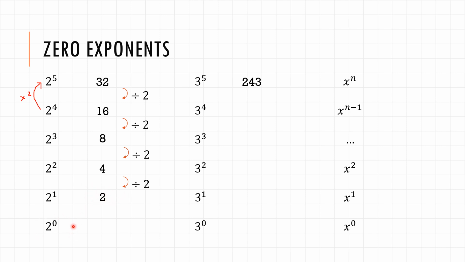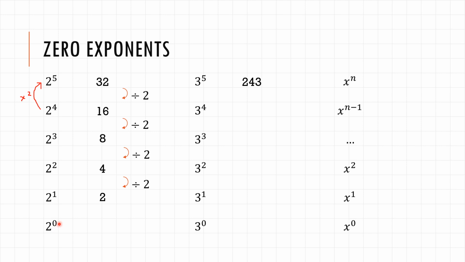And here is where it starts to get real funky. 2 multiplied by itself 0 times. What does that mean? We can't solve it like we did 8, right? We cannot say 2 times 2 times 2 is 8. What will this end up being? Your first instinct might be to say, oh, that's 0.